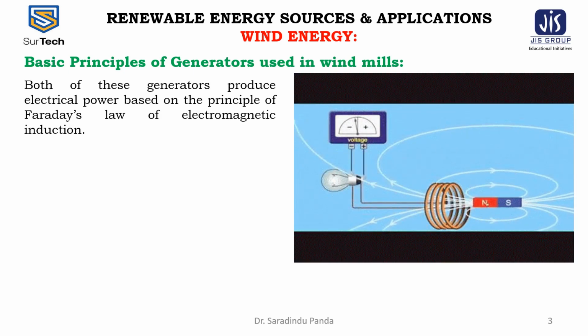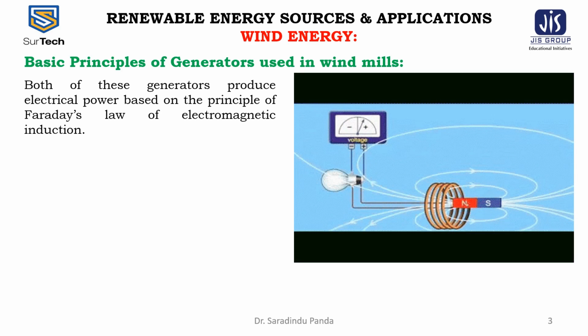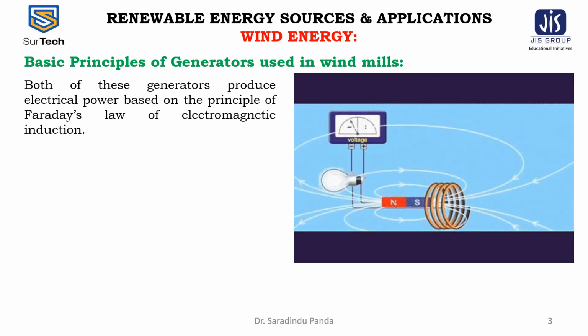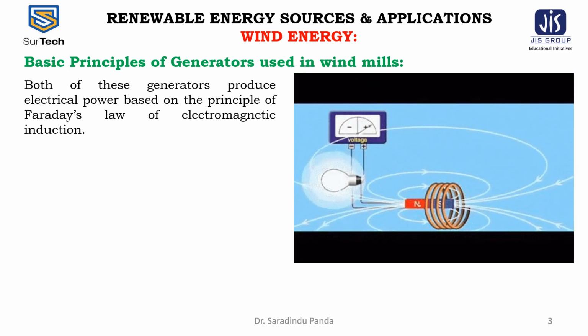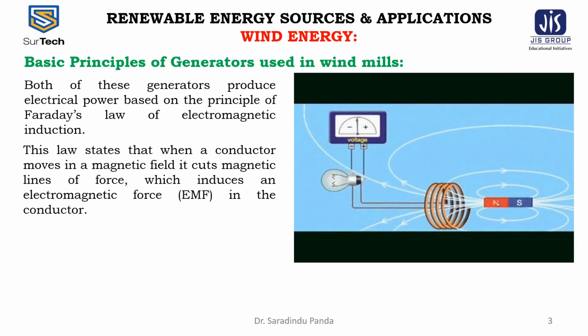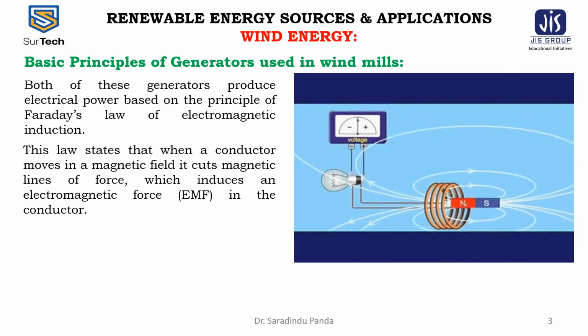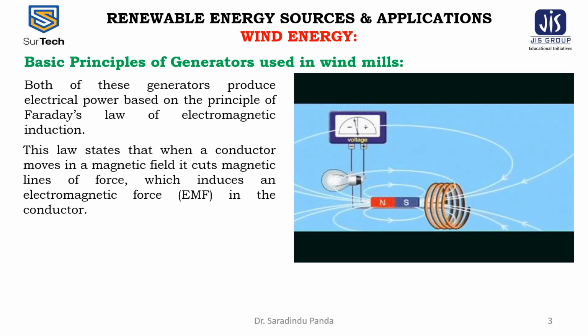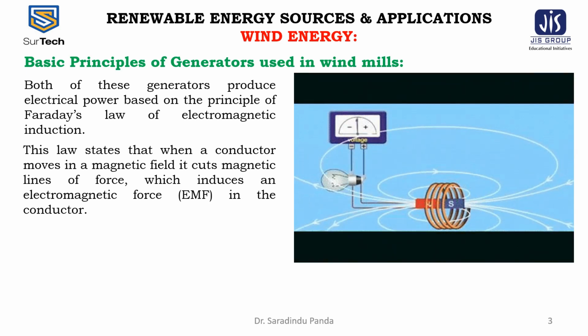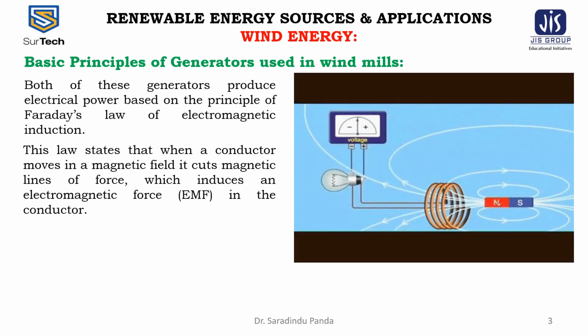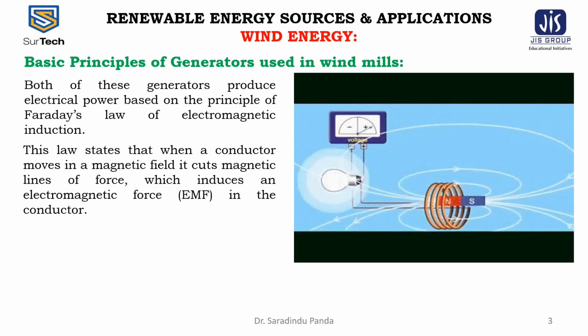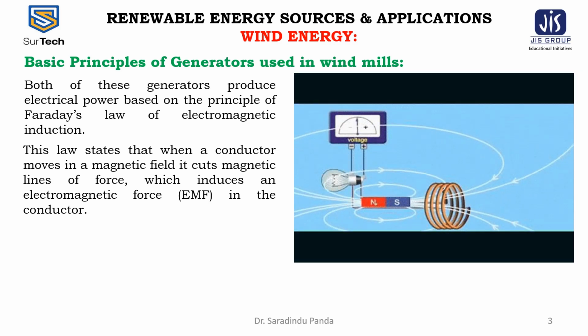Both AC and DC generators produce electrical power based on the principles of Faraday's law of electromagnetic induction. This law states that when a conductor moves in a magnetic field, it cuts magnetic lines of force, which induces an electromotive force in the conductor.